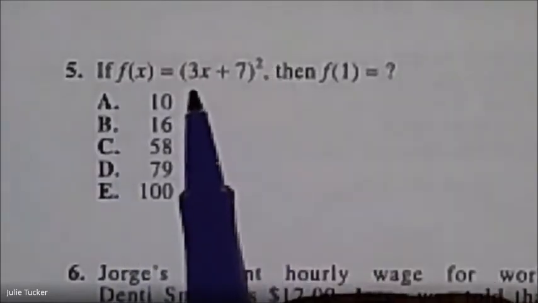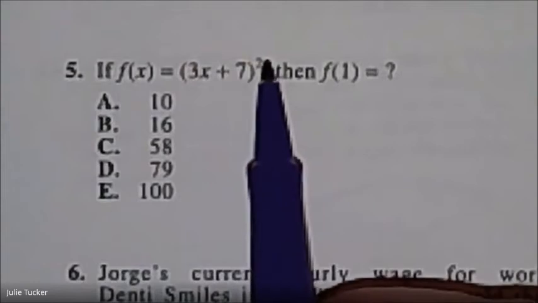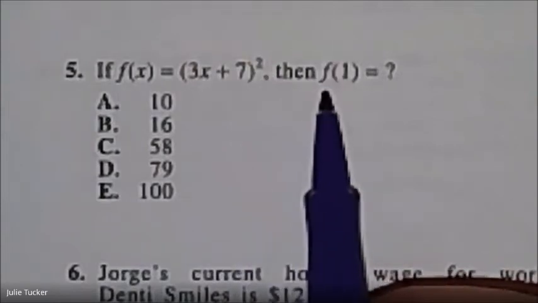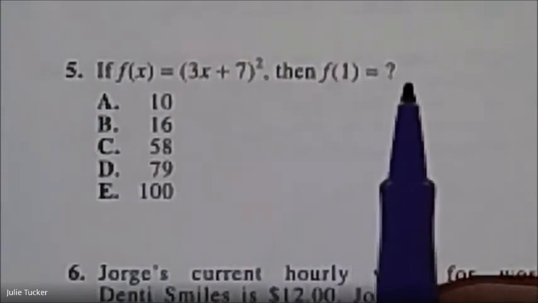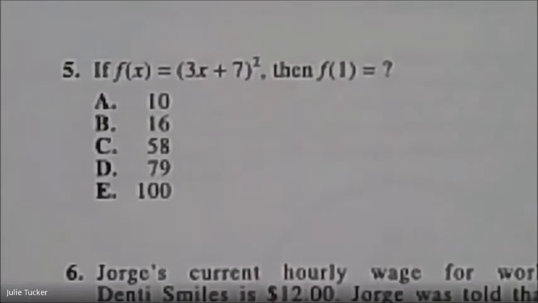Okay, number 5. If f of x equals (3x plus 7) squared, then f of 1 equals question mark. So what do I need to do? Plug in 1 for what? Okay. So I would have to write what? If I was typing on the calculator, what would I have to put? 3 times 1.